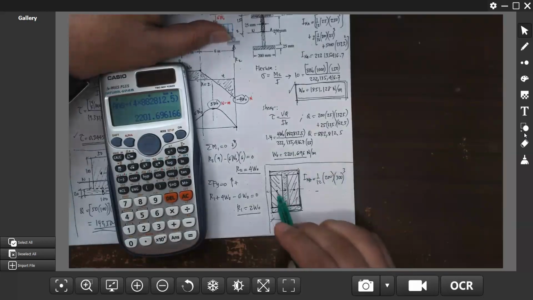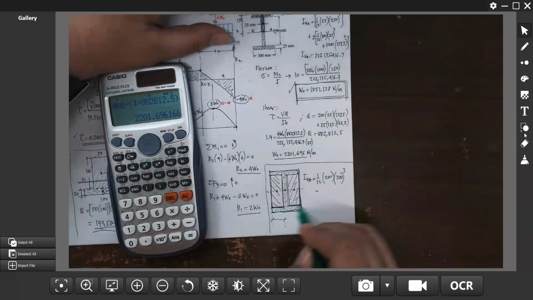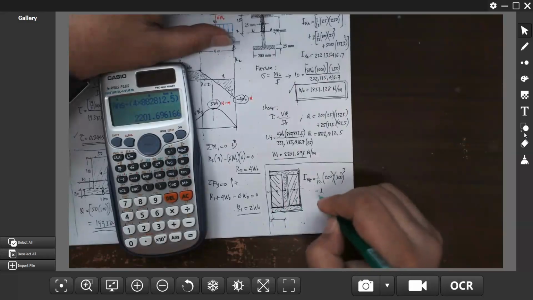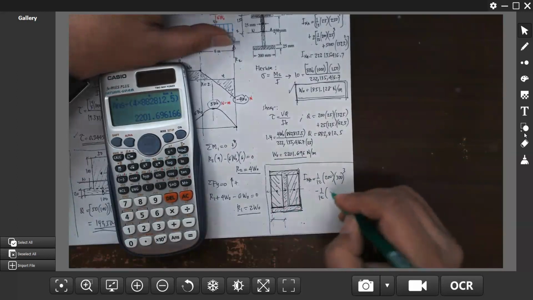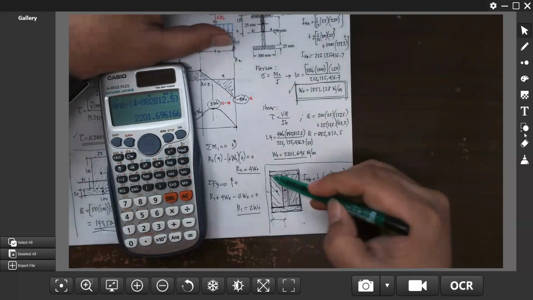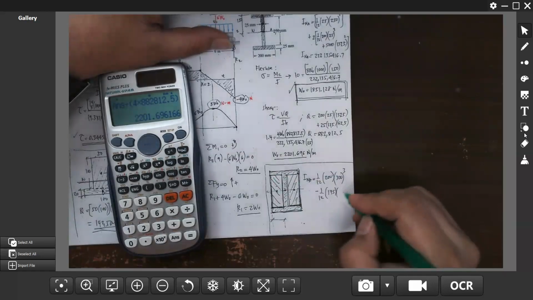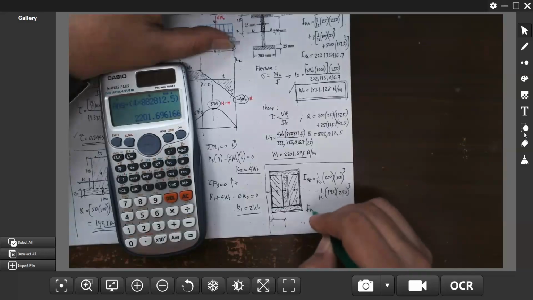Minus, instead na mag times 2 ka, dili na, kaya gi-add ra man nimo. So, 1 over 12, ang width niya is 200 minus 25, 175. Tapos ang height nimo 250. Check na to.